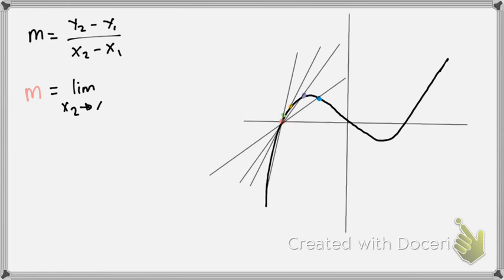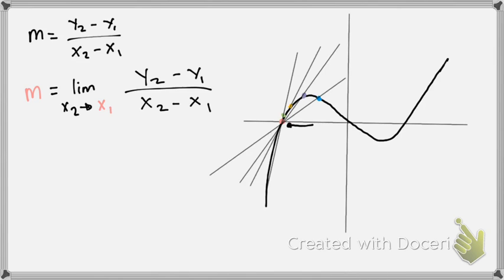So the limit as x2 approaches x1, and we can see that because the closer and closer we get on this side to the x1, the more and more accurate that slope gets. We're trying to get as close as we possibly can to that point. So we write the limit as x2 approaches x1 of y2 minus y1 over x2 minus x1.